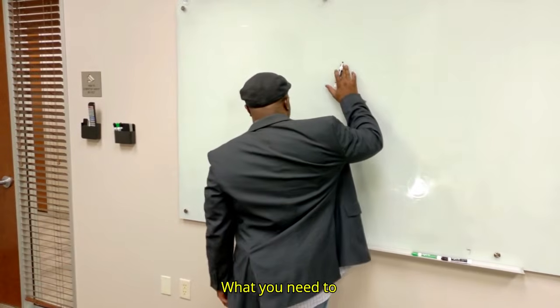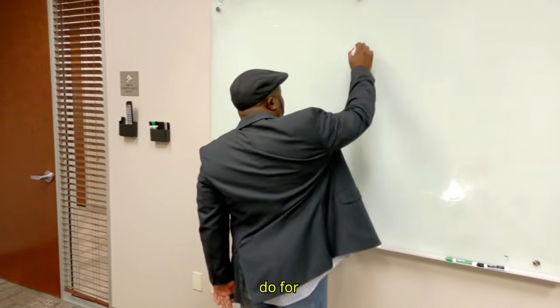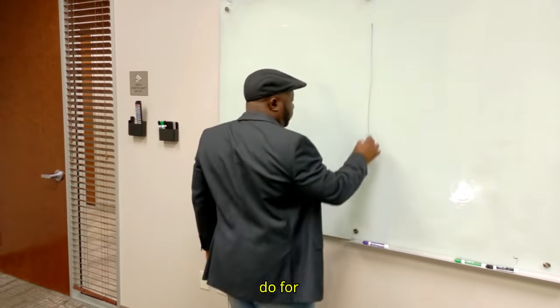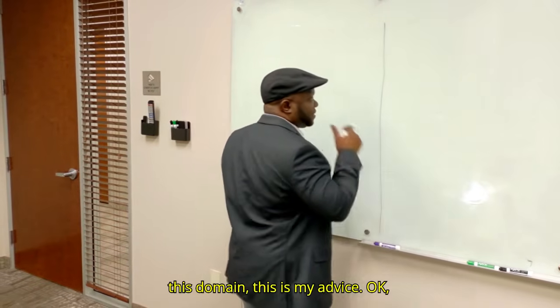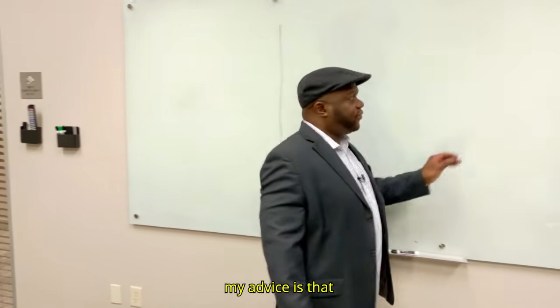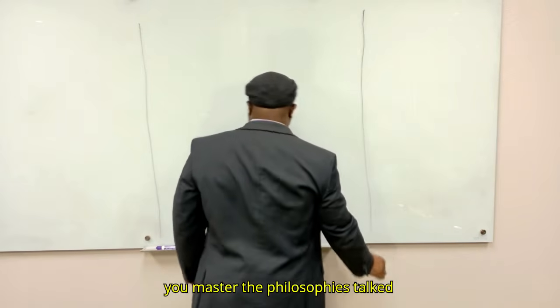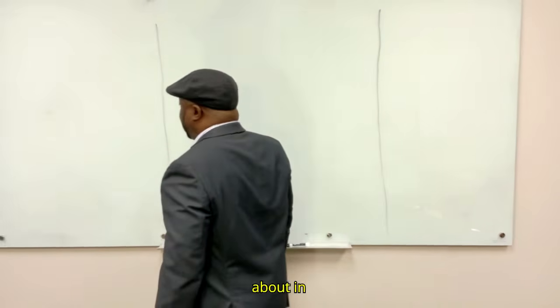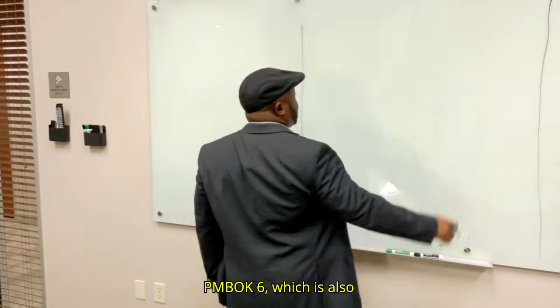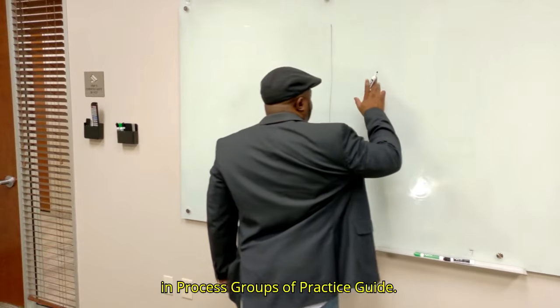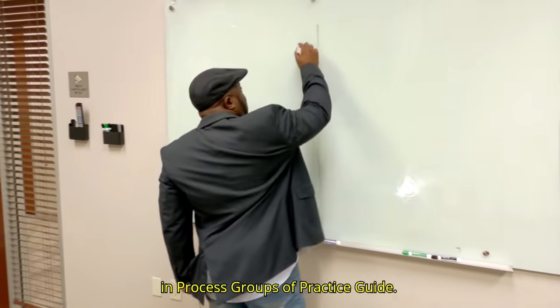What you need to do for this domain, this is my advice: master the philosophies talked about in PMBOK 6, which is also in the Process Groups: A Practice Guide.